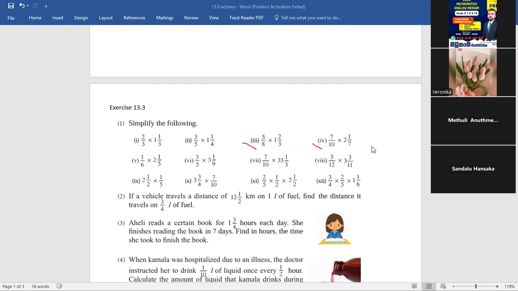Very easy, yeah. You know the multiplication table, right? You can do it very fast.